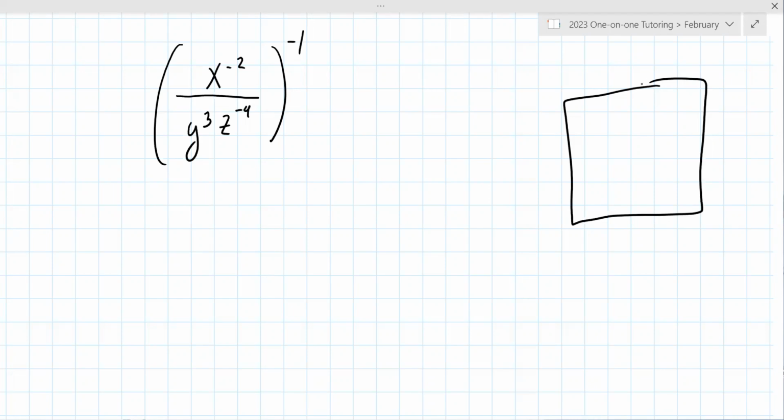Okay, so would that be x squared and y^3 over z^4? Yes, you got it. All right. Well, let's go ahead and stop here.